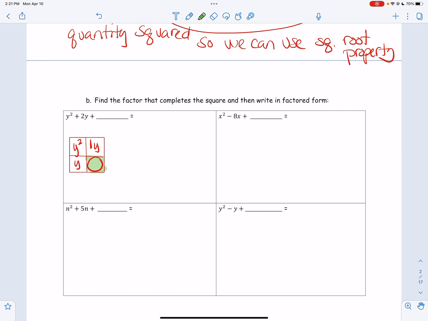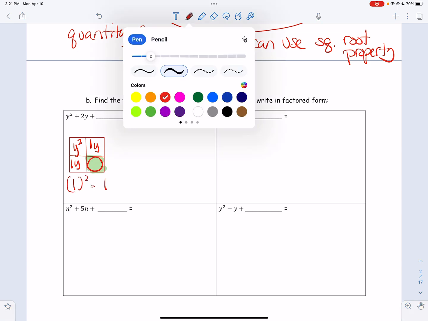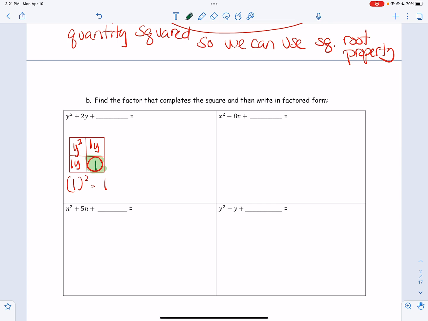So we're looking for this. And 1 squared is 1, and that goes right here. So we put this here, and then they ask you to finish it by doing your quantity squared. So y plus 1 quantity squared.